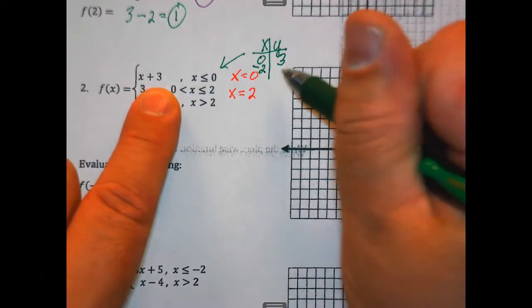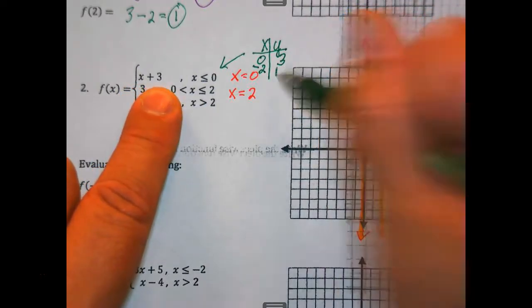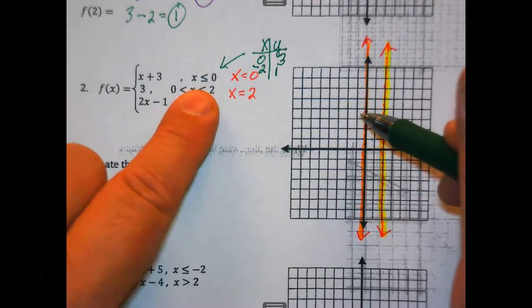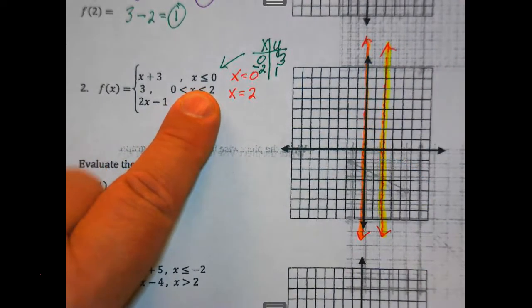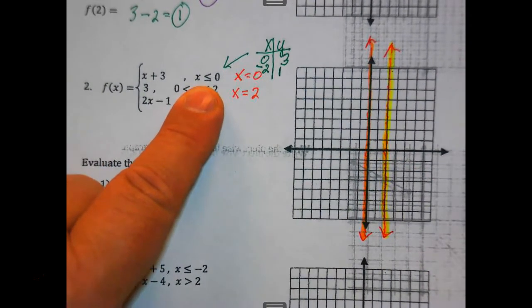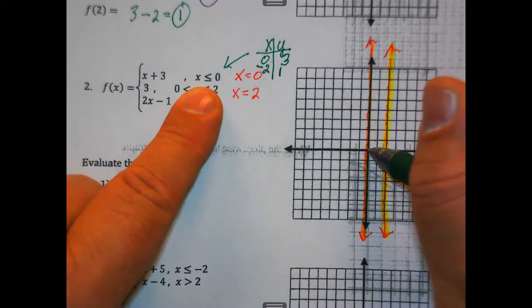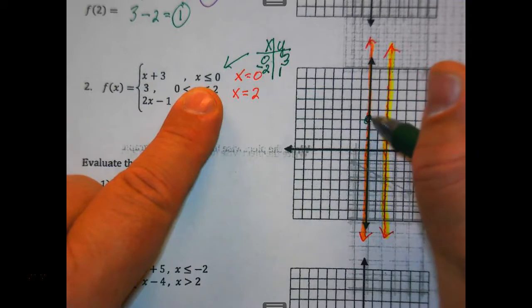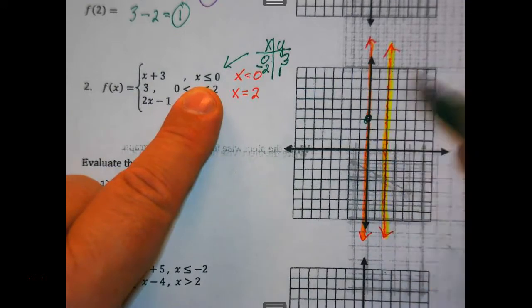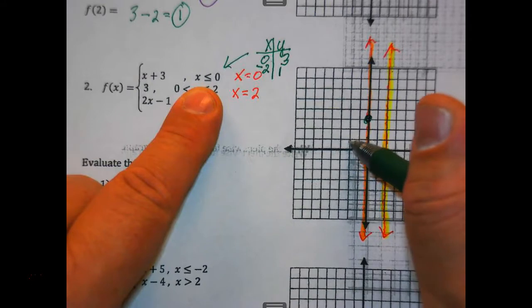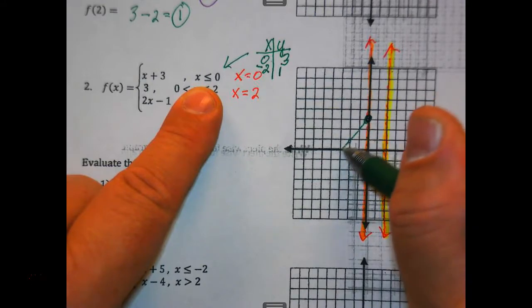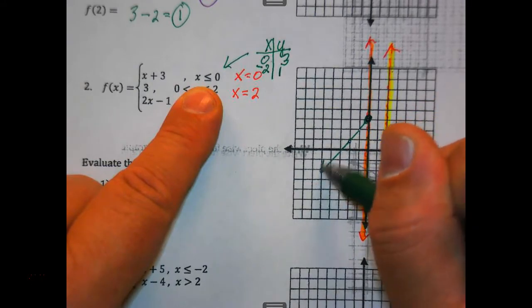Negative 2 plus 3, positive 1. Okay, do we include the 0 on this one? We're including the 0, so it's going to be a closed circle. So 0, 3 with a closed circle. And I have negative 2, 1. So there's that line.